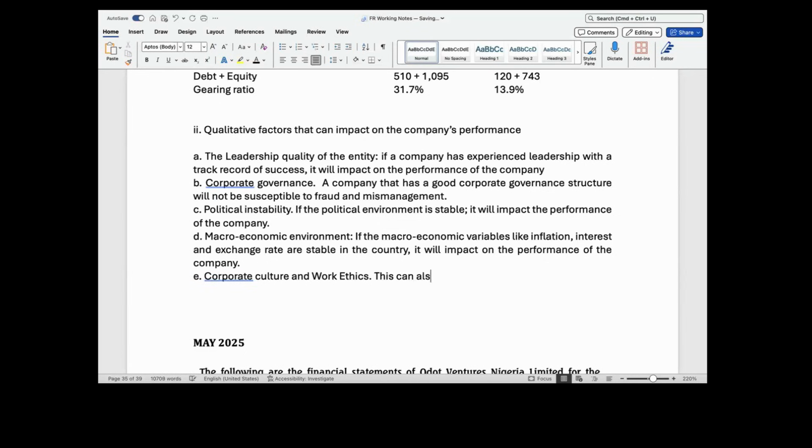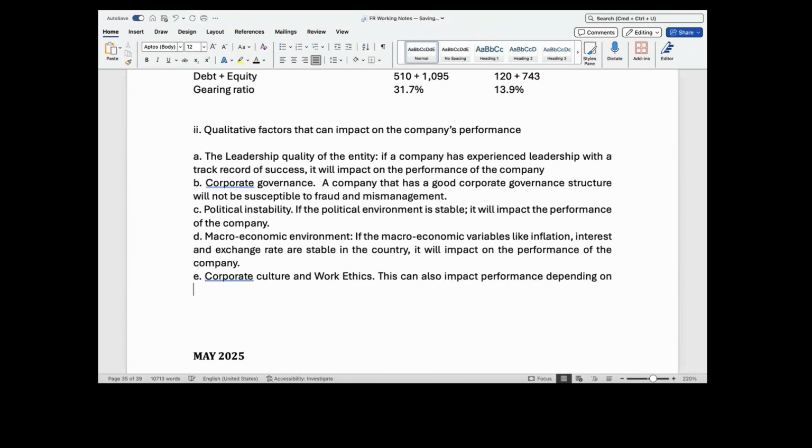This can also impact performance, depending on the work ethics and the entity's culture.